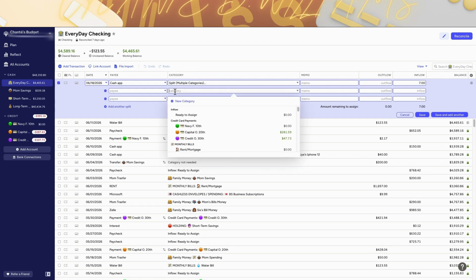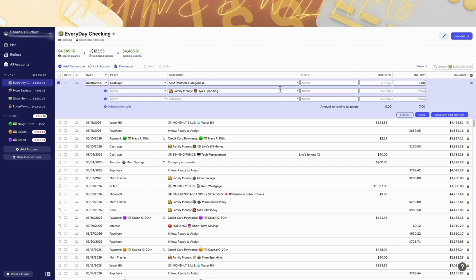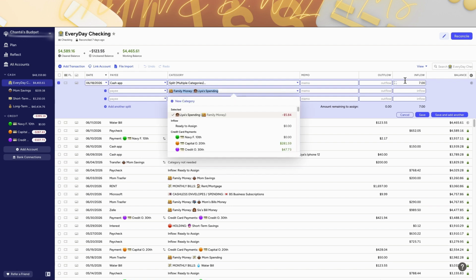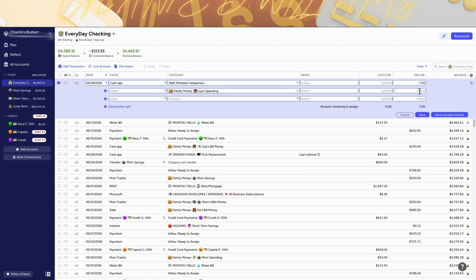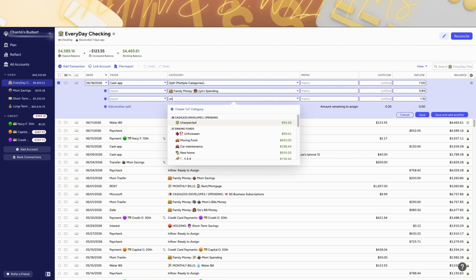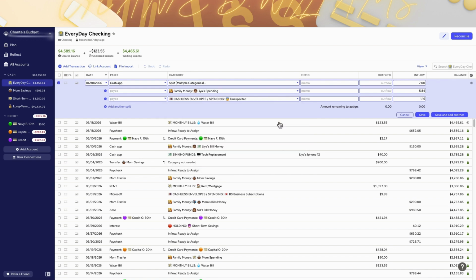Then I'll do her spending and cover the $584. And this $116 can go into unexpected because I told her the price and she sent me the money, but then I had a little sale on it, so it wasn't too much, so she said keep it.